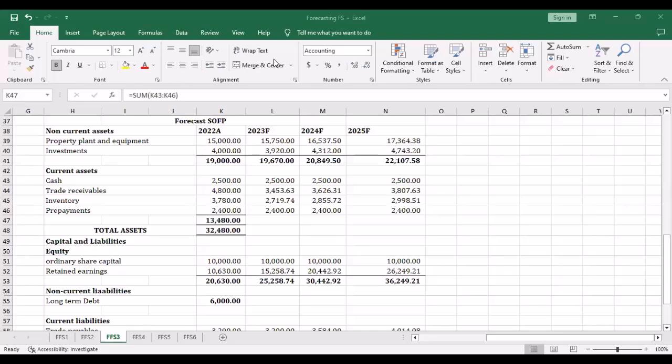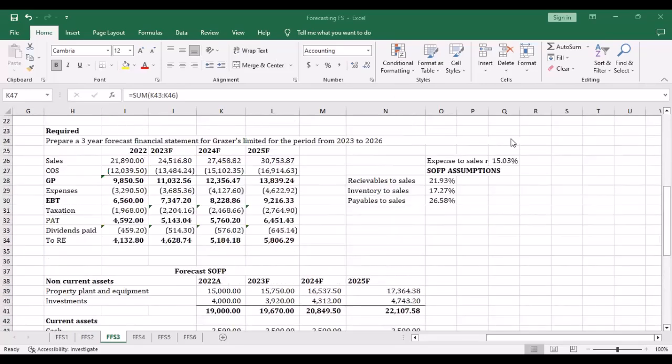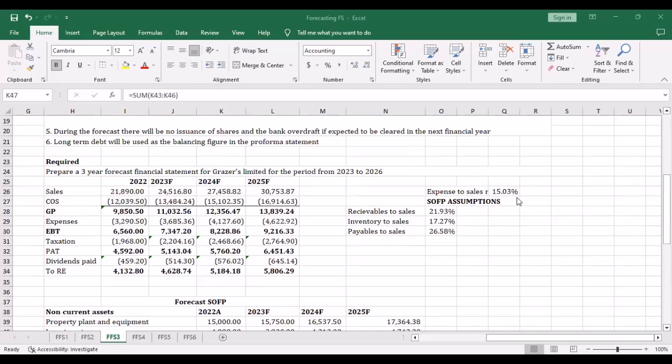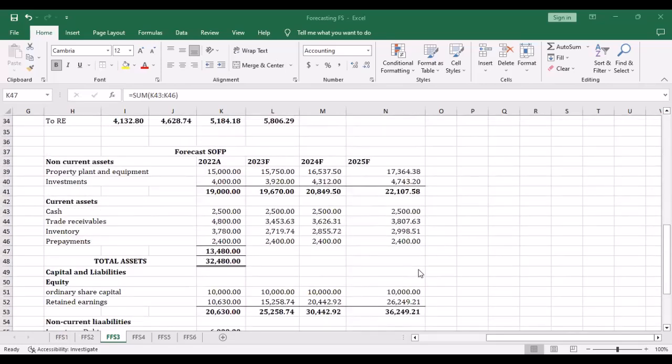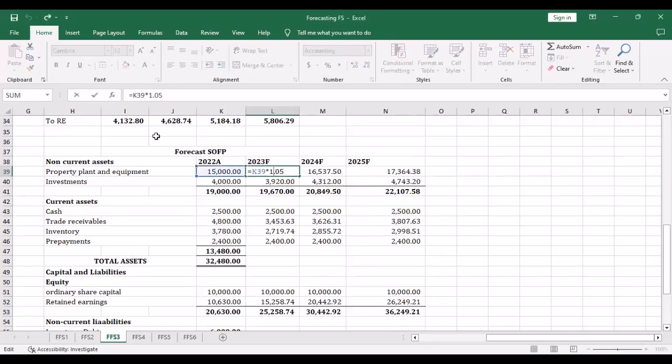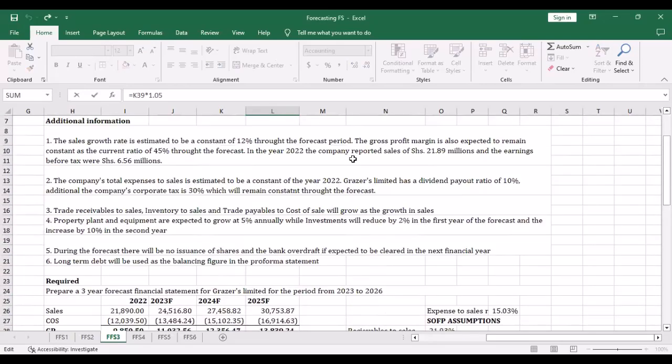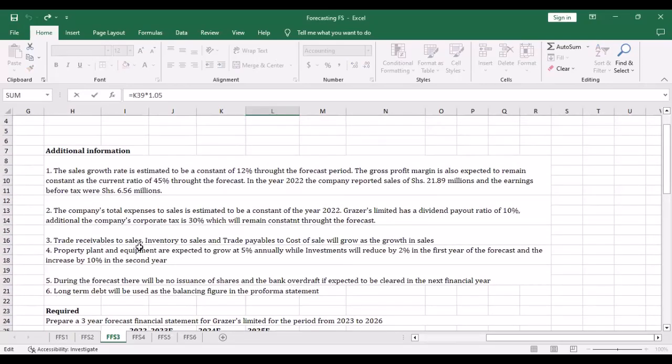But that's PPE, I've used as receivables. You can see even if I click in this cell, the previous PPE times 1.05. Here you've been told property, plant, and equipment is expected to grow at 5% annually.